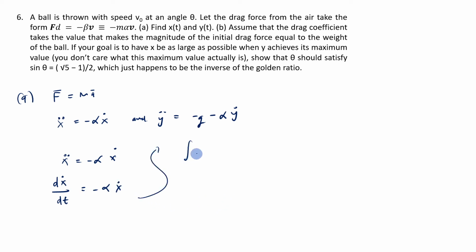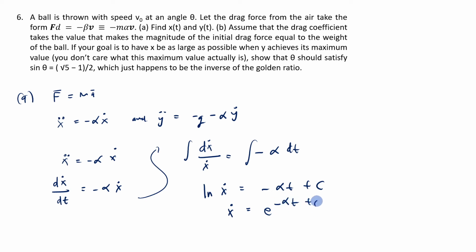With the integral, we can move x dot to the left side, and the right side is the integral of minus alpha dt. This is ln x dot equals minus alpha t plus c, and we get x dot by exponentiating the natural logarithm: x dot equals e to the minus alpha t plus c, and we can separate this term into e to the minus alpha t times e to the c.